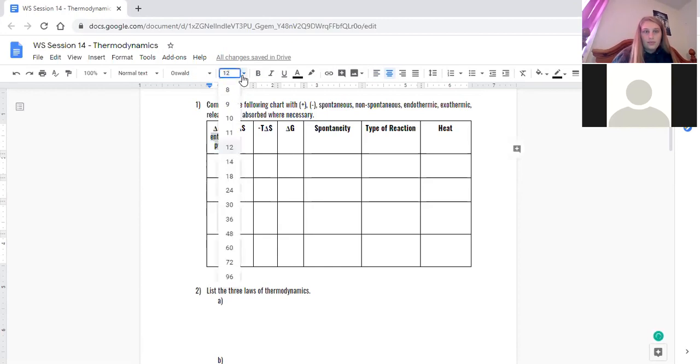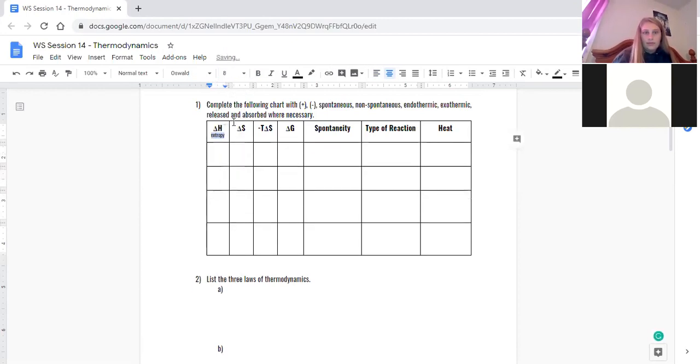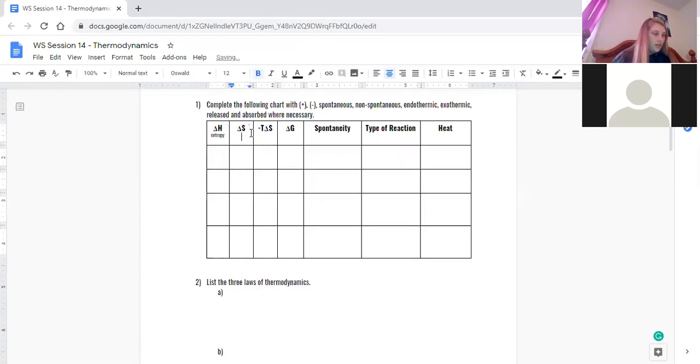And then this is enthalpy. Oh wait, no, I wrote them backwards. This one is enthalpy and the other one's entropy. Enthalpy. And this one's entropy.